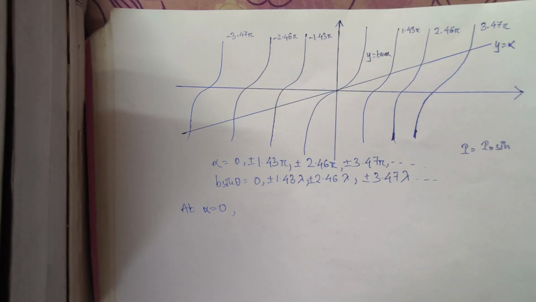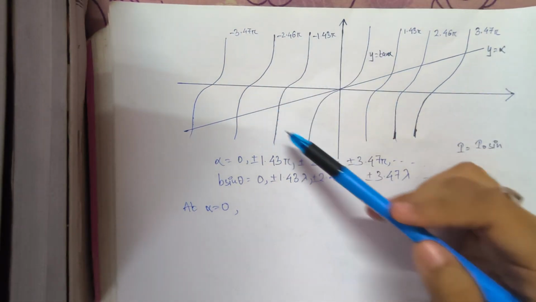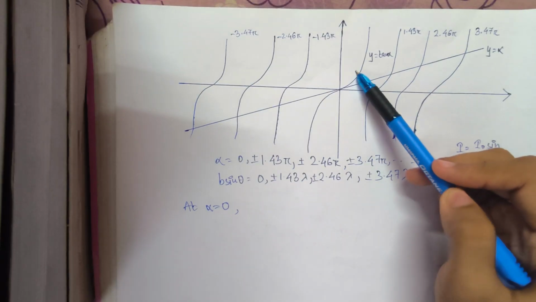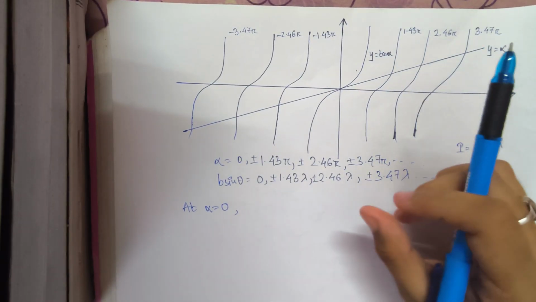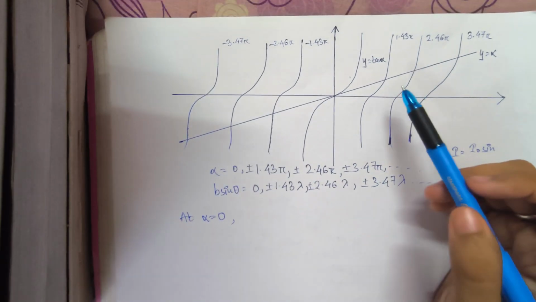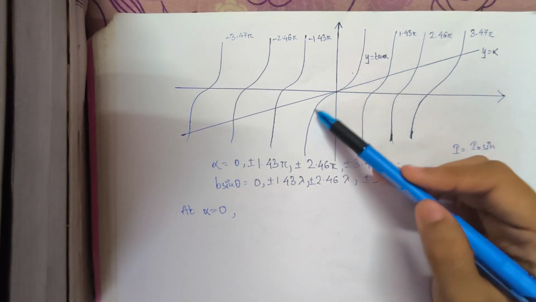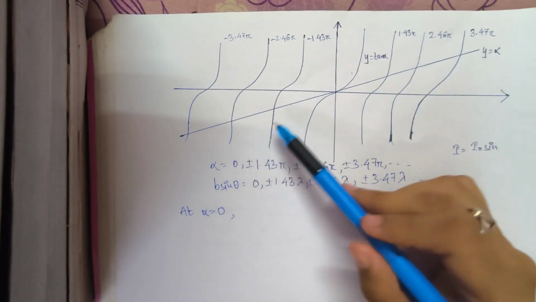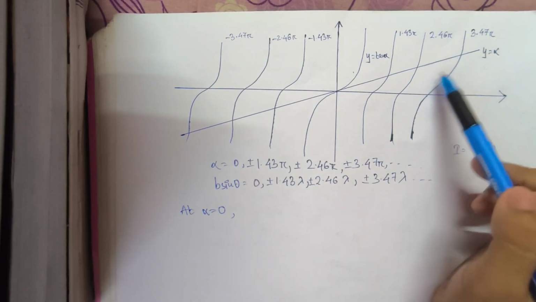Now we have roughly plotted the graph, and we can determine the roots of the equation, that is tan alpha equal to alpha. As we can see, this is the graph for tan alpha, and from the origin there is the graph of y equal to alpha.